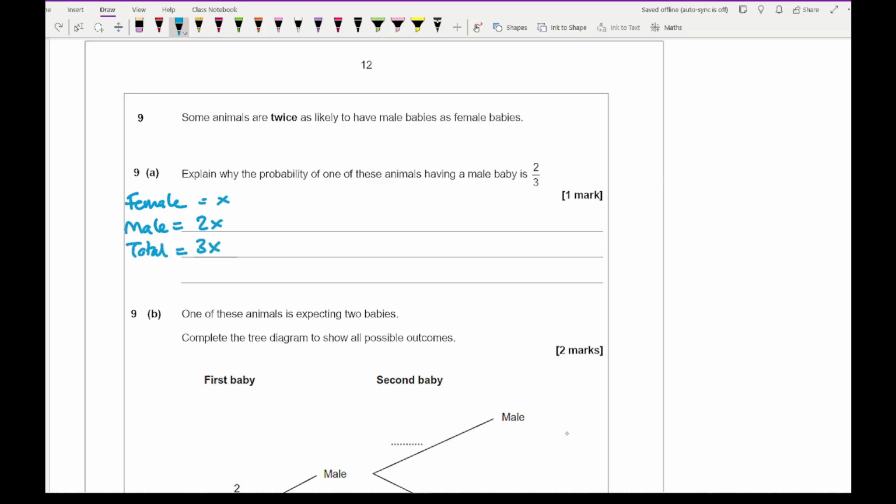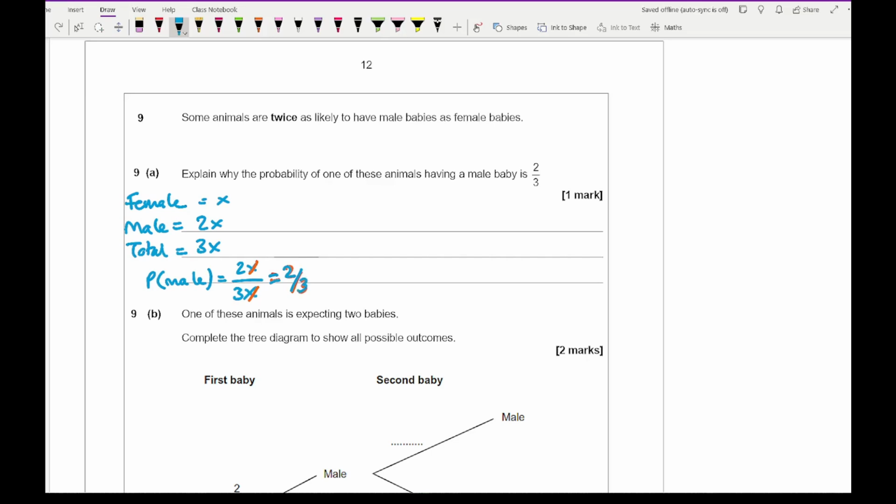And if we work out the probability of a male, well, that's going to be 2x over a total of 3x. And if we cancel the x's, that becomes 2/3, which is what they wanted me to show.